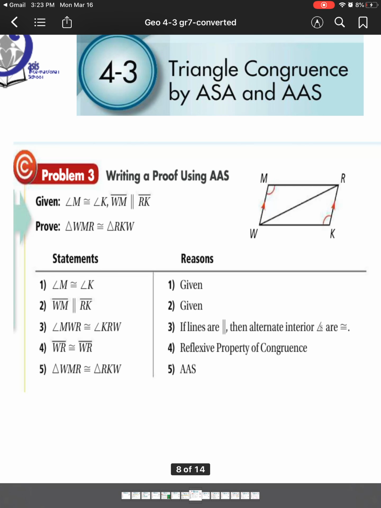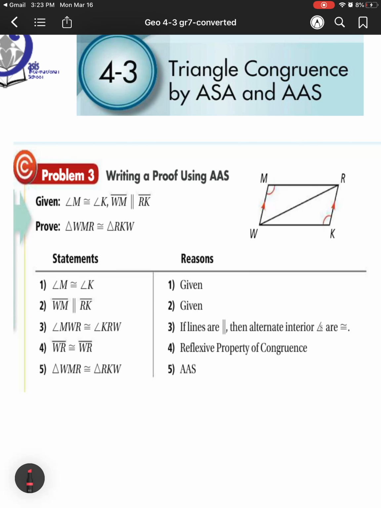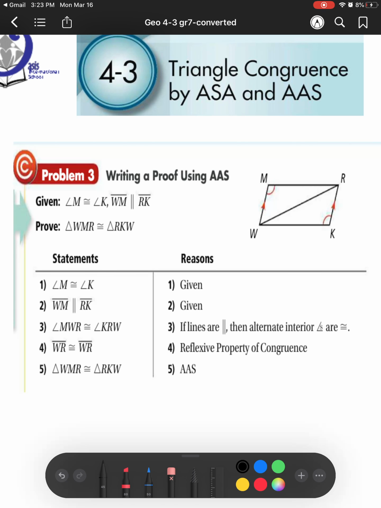He's telling me to use AAS to prove it. What did he give me? He said angle M is congruent to angle K, and WM is congruent to RK.